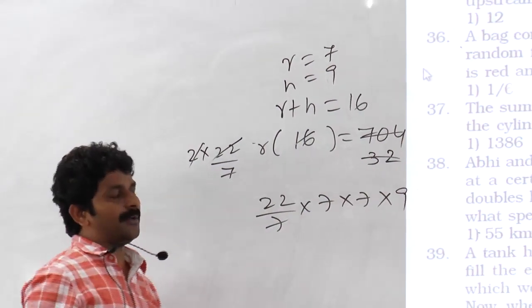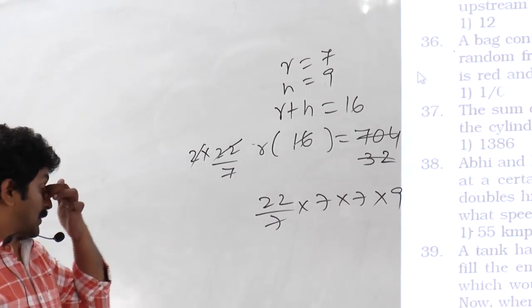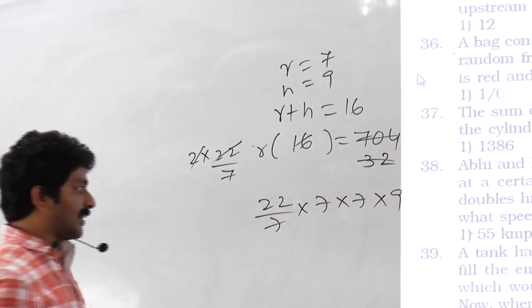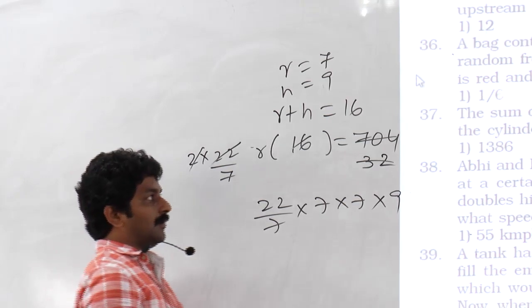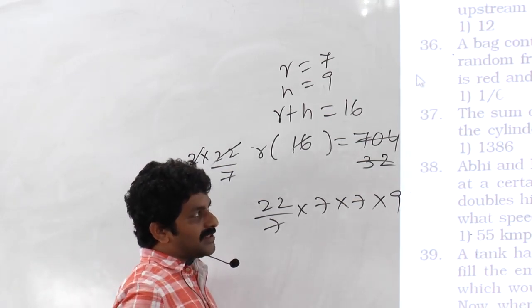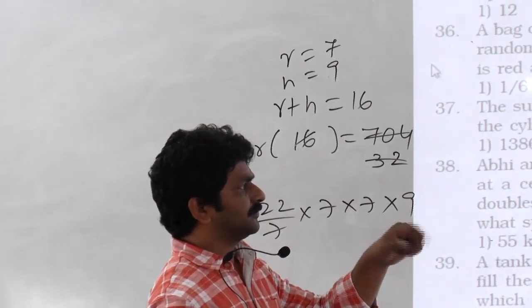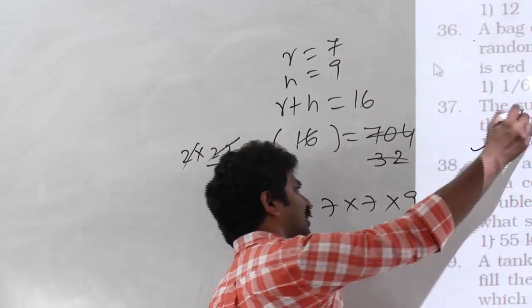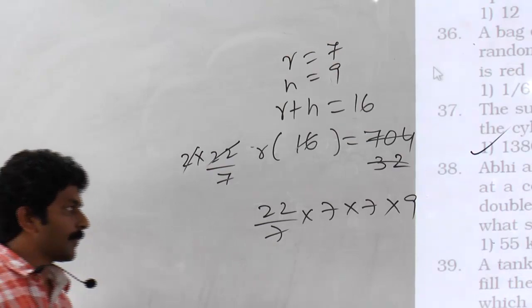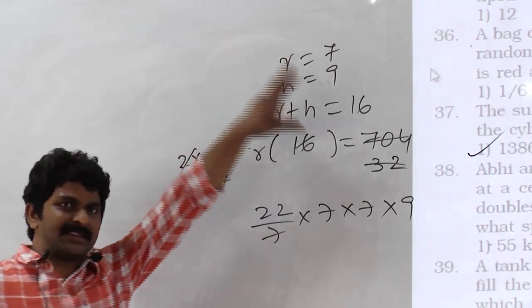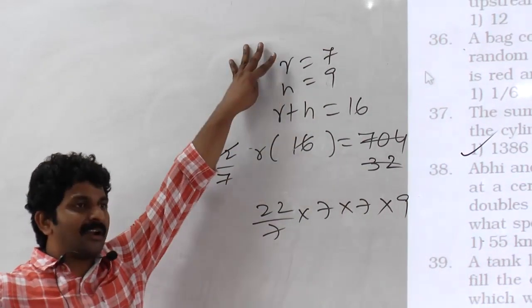Answer should be a 9 multiple. How many options are there? More than 1. And how many 11 multiples do you have? You need not solve anything. You don't need to do anything actually. This is also not required.